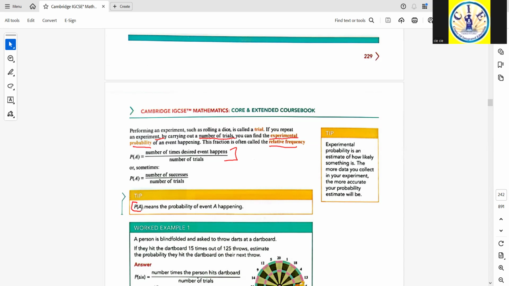P of A means the probability of event A happening. For example, if event A was my outcome 2, 4, and 6, then when calculating probability of A, I would be calculating the chance of having any even number faced up in rolling the dice.